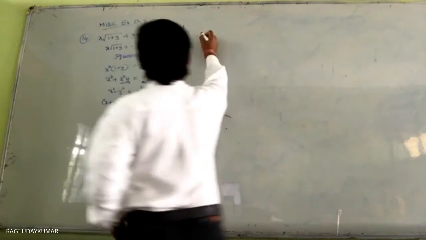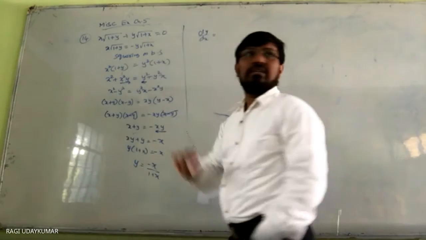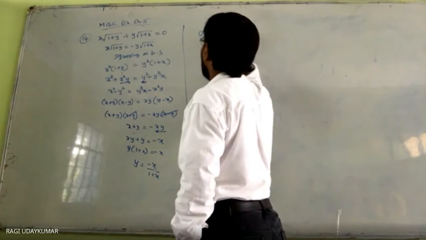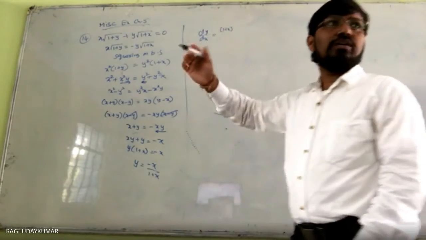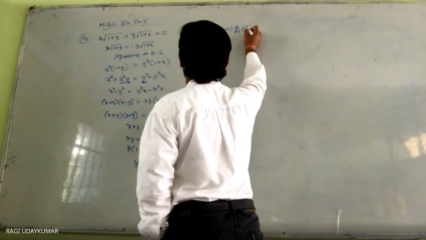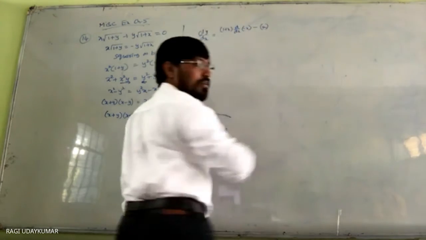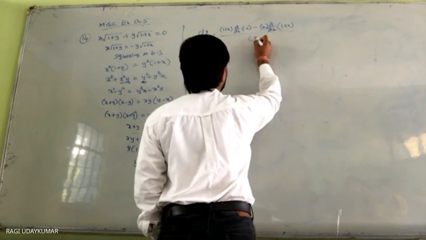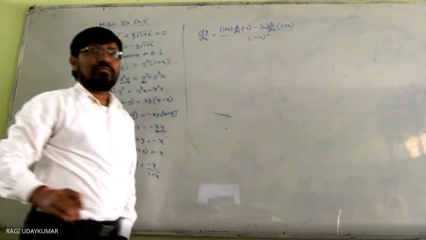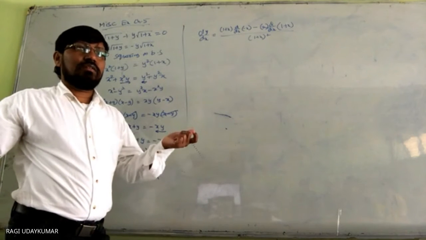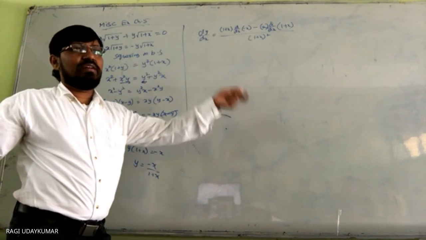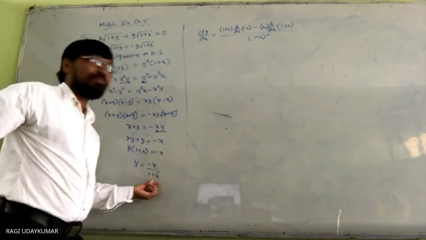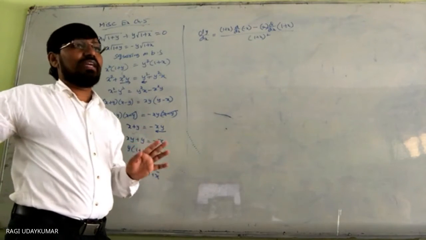Quotient rule for u by v is: first the denominator into the derivative of the numerator, minus the numerator into the derivative of the denominator, divided by the denominator square. Remember this: the denominator comes first. Most of you will get confused about this one.